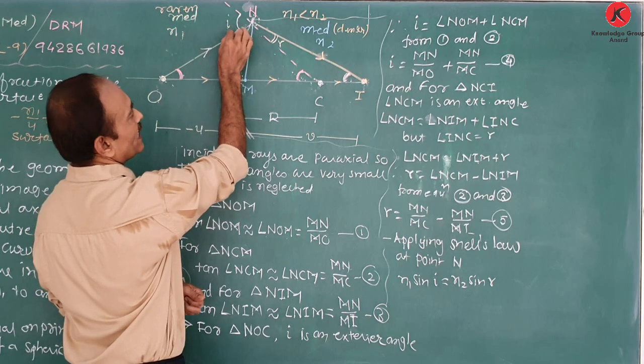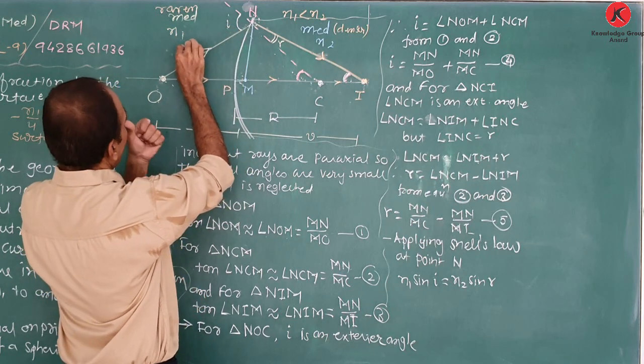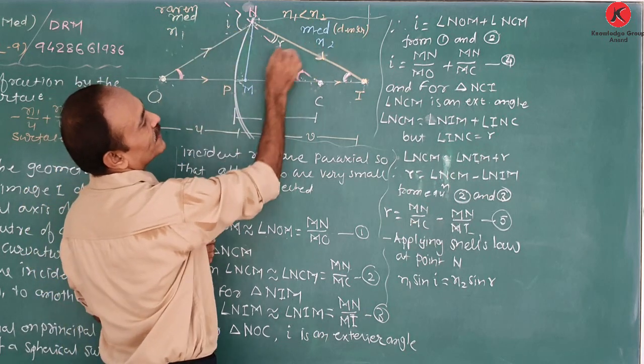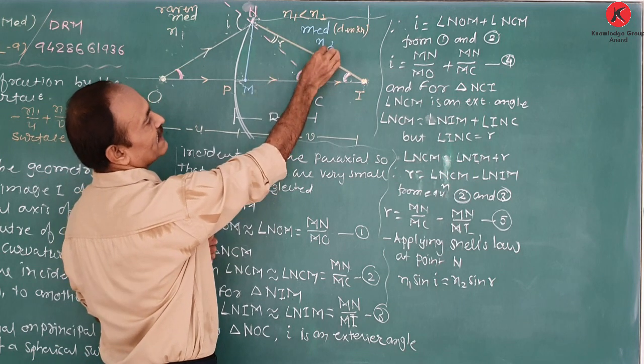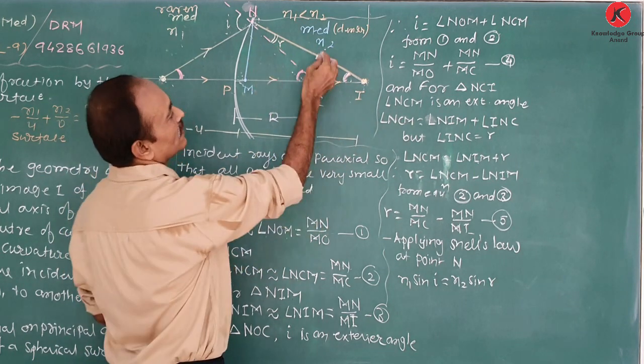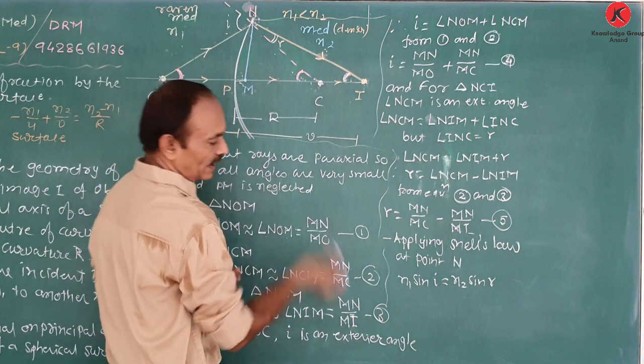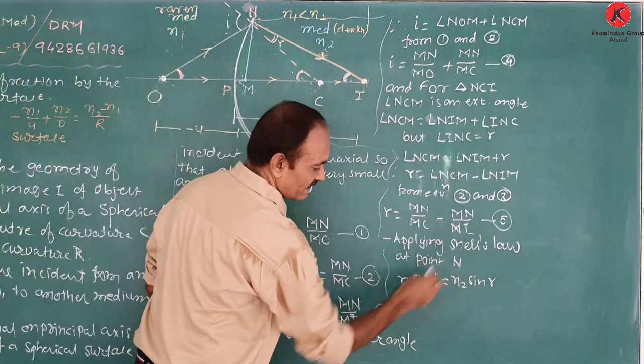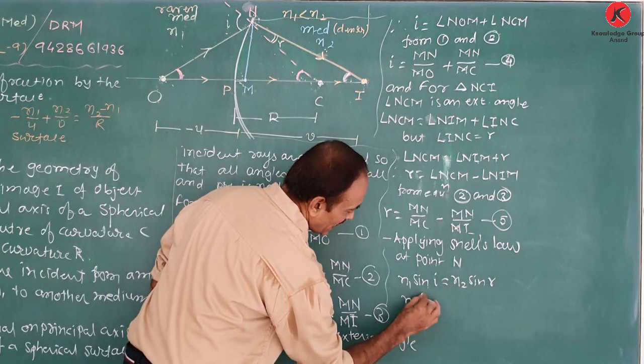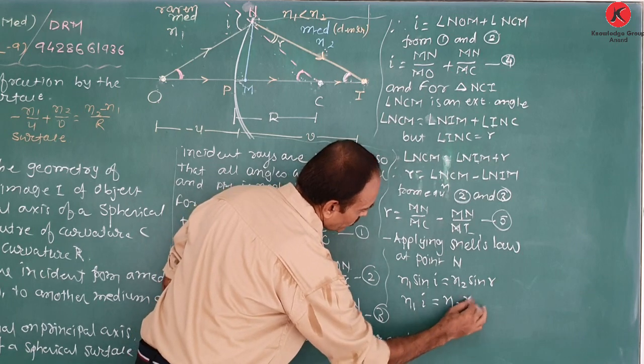N1 is this medium, and the angle of incidence is in this medium. The refraction angle is in the medium having refractive index n2. But these two angles are very small, therefore n1 i is equal to n2 r.